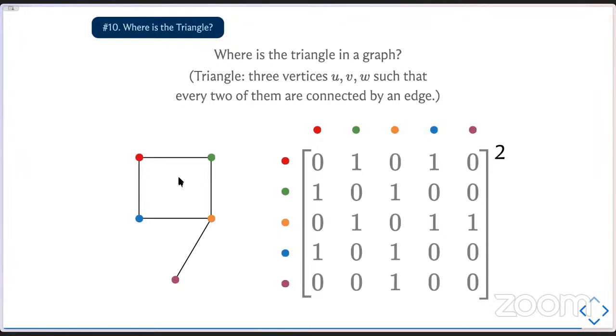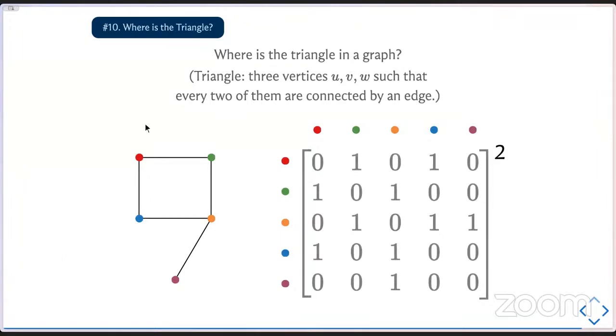That means, well, i and j have at least one shared neighbor. So i, j, and that shared neighbor would form a triangle if what? If i and j have an edge between them, if i and j are themselves connected.